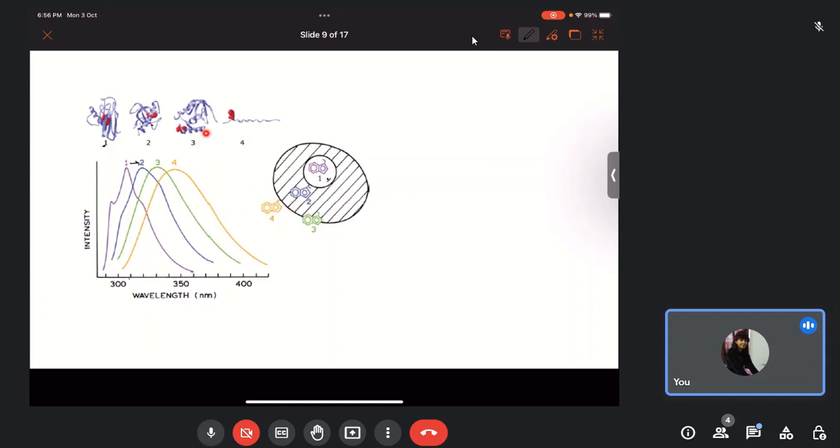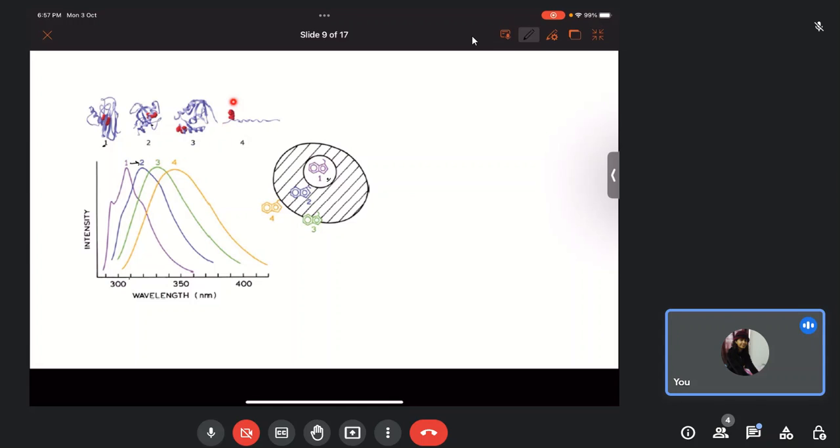When you come to the emission spectrum of the third protein, the tryptophan is on the surface of the protein, where it forms some sort of interactions with other amino acids. It can be due to some other hydrophobic interactions, whereas it has some surface which faces towards the polar environment. So that's why you again see a Stokes shift of the emission maxima.